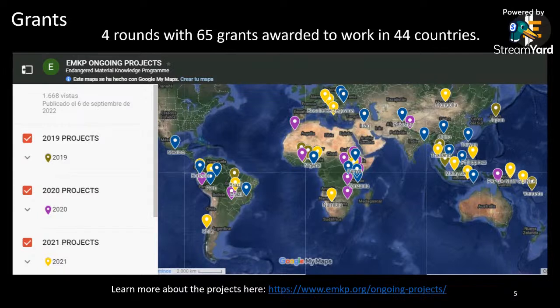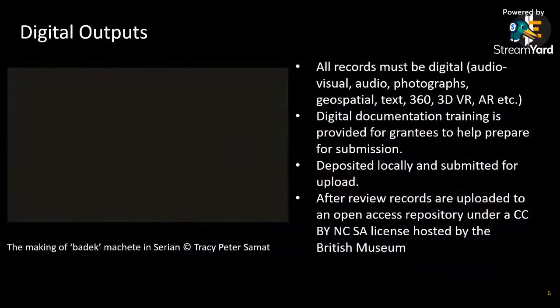So it's really interesting if you can have a look at the website and see the different projects going on. And so, as I said, the idea of all these projects is to generate this documentation, these digital outputs that we are going to review and upload into an open access repository. And hopefully I will show you a little clip of what we mean by digital outputs.